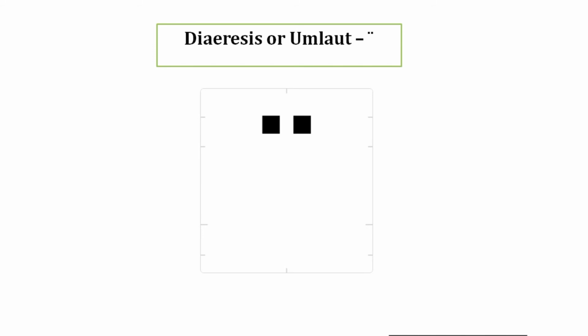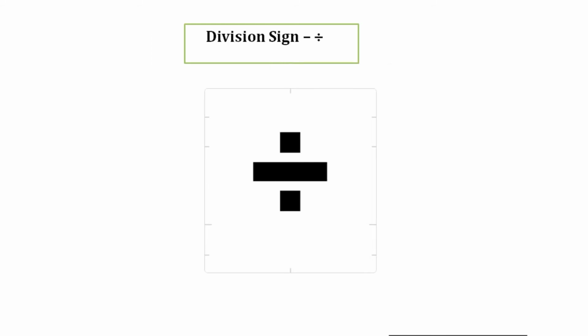Our next sign is diaeresis or umlaut. When we have two vowels next to one another, that should be pronounced as separate. Our next sign is the symbol of division. It is used to divide things equally among boxes or persons.